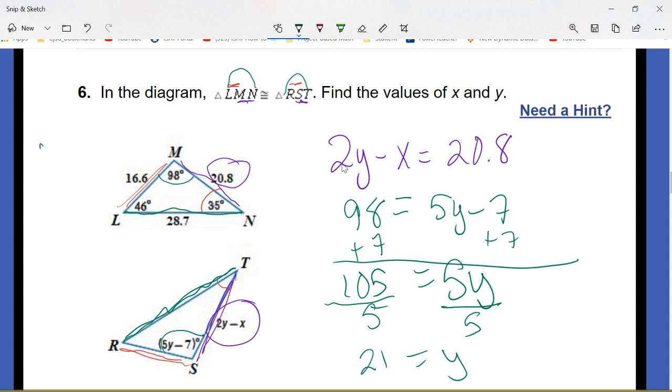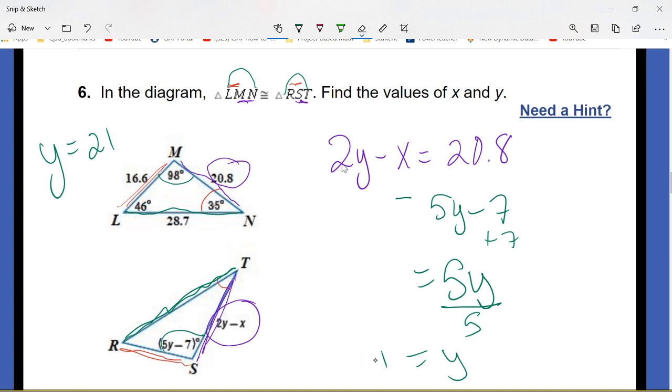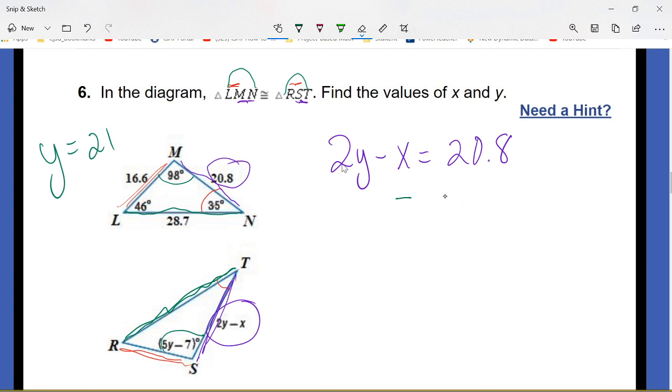Now that I know y equals 21, I'll get my eraser and make a little room in here. Oops. Y equals 21. Then solving for x is going to be easier because I can put the 21 right there. So 2 times 21 minus x equals 20.8. 2 times 21 is 42.